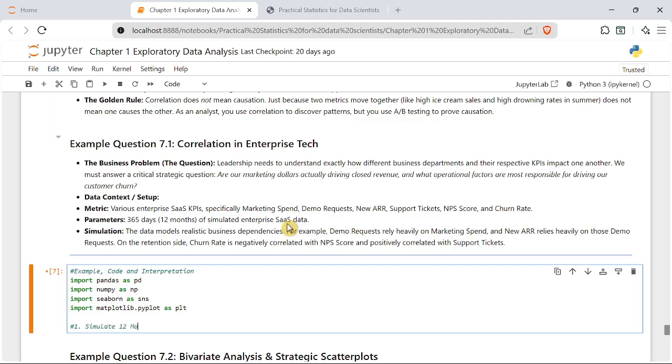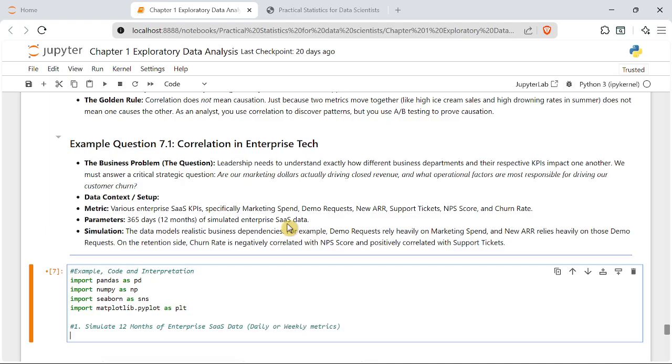Simulate 12 months of enterprise SaaS data, daily or weekly metrics. np.random.seed(42), days equals 365.